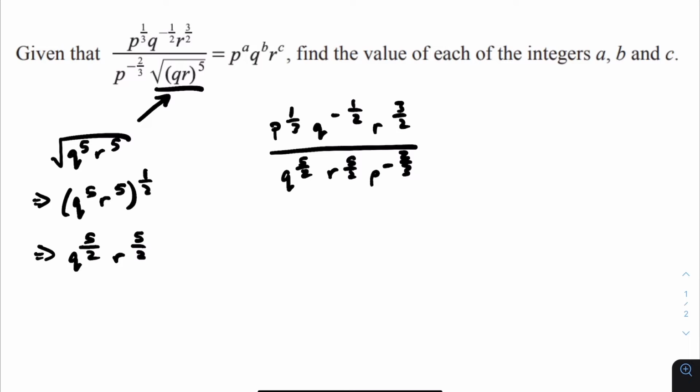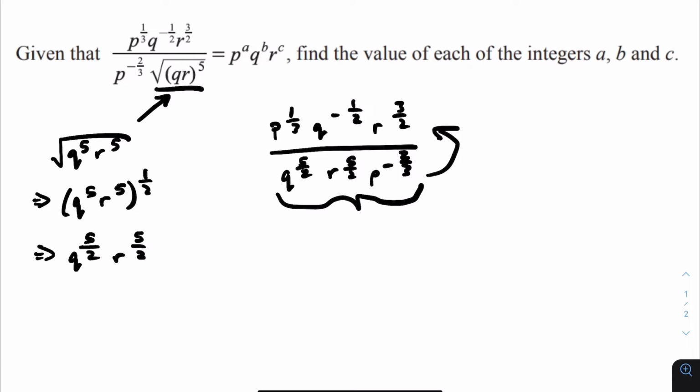Now, if we take a look at the way they want their answer to be written out, we have to write everything in the numerator because there's no fraction in that answer. And we should also take note that they want us to have integer values. So if we start to see something that doesn't nicely round out to an integer, then we know we've done something wrong. The way we can bring these values, which are in the denominator, to the numerator is by flipping the power signs.